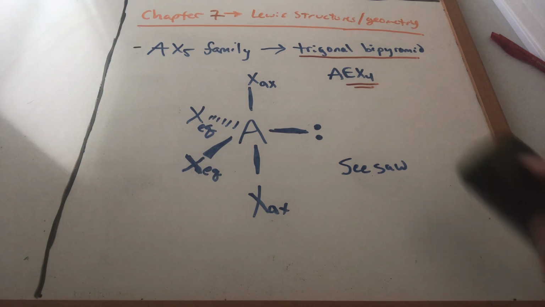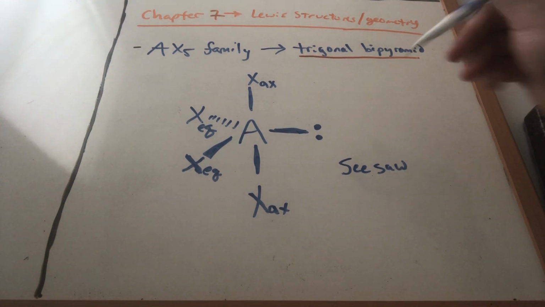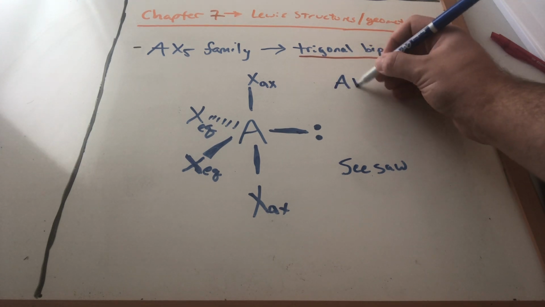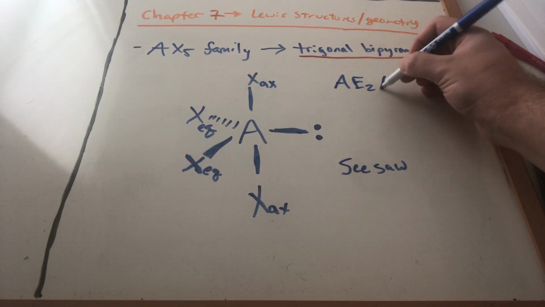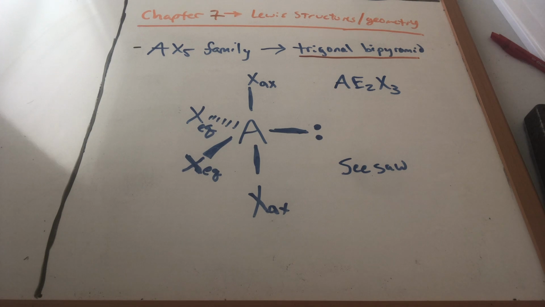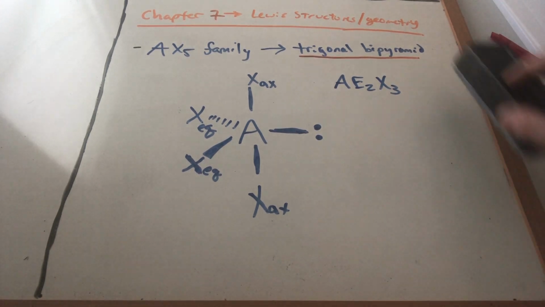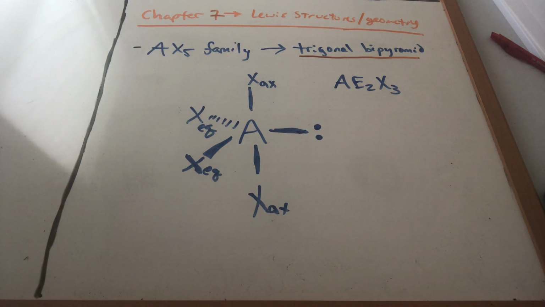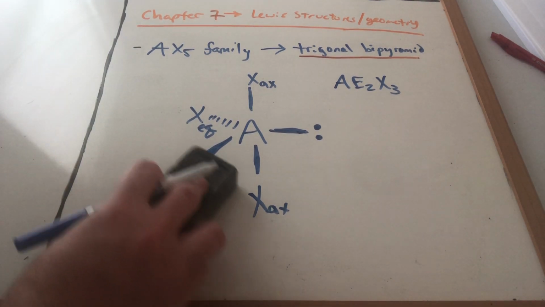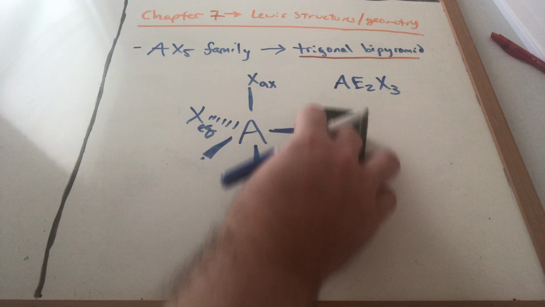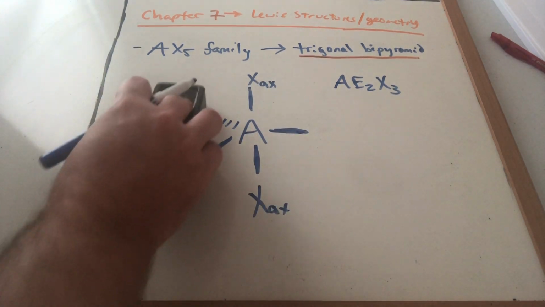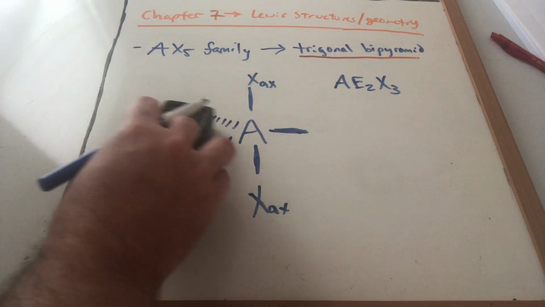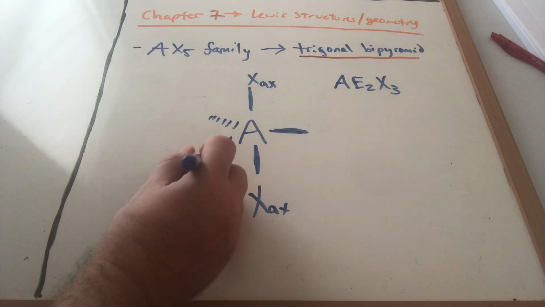What about if I do an analysis and I see that there are 2 lone pairs on my central atom and 3 atoms attached to it? All right, I know I'm a trigonal bipyramid family. I draw the family shape. Then I remember that for this family, I pick any equatorial position I want and I put my lone pairs there.